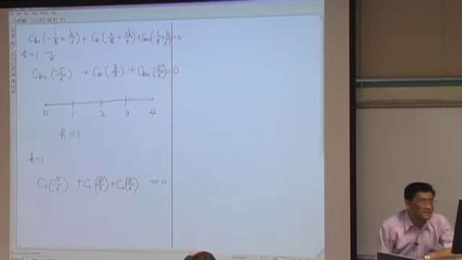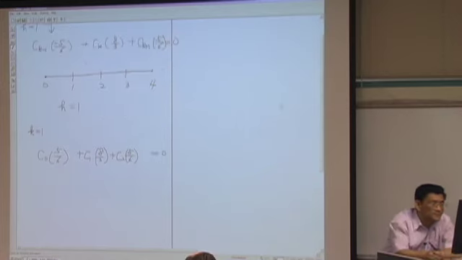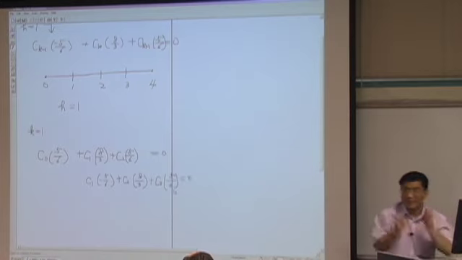And the next one is C1, negative 5/6, and then C2, 8/3, then C3, negative 5/6, right?